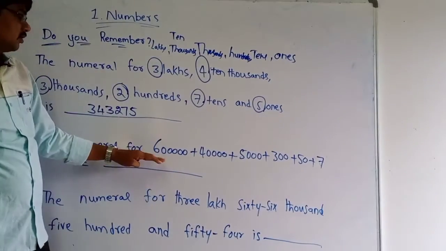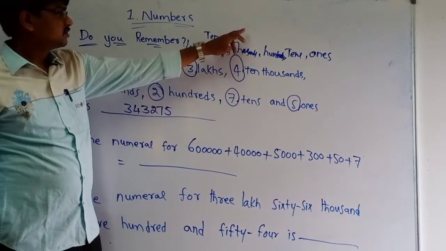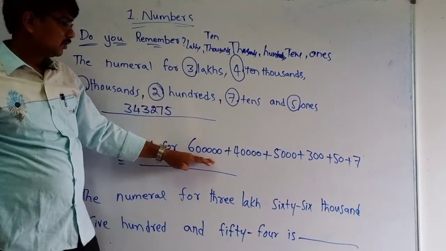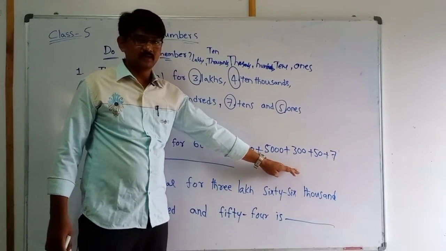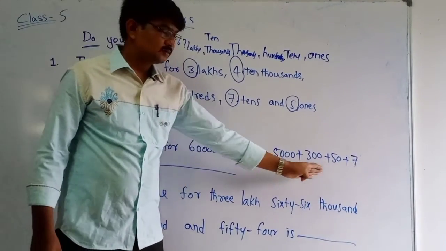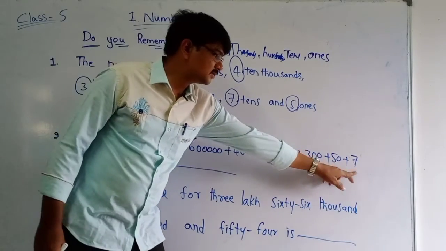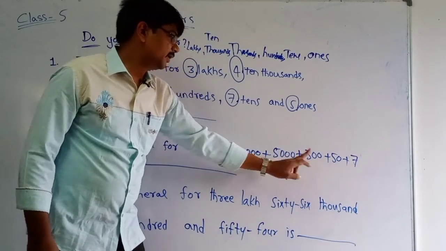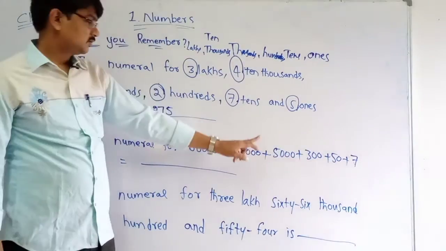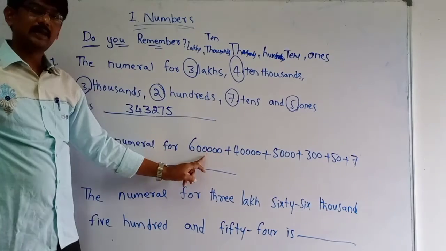So according to the system of numeration, there is no gap anywhere. Yes, all the places are covered: ones, tens, hundreds, thousands, 10,000s, lakh.